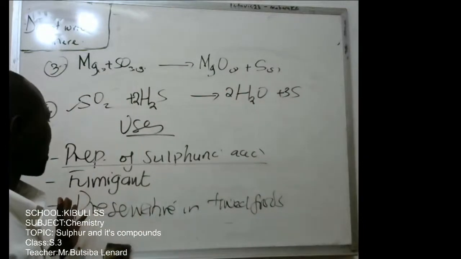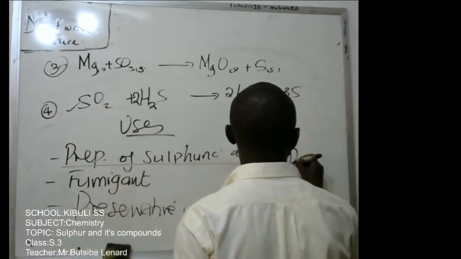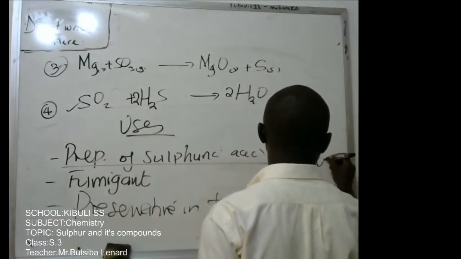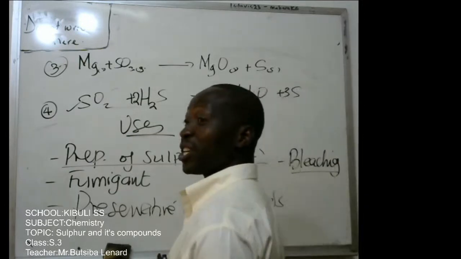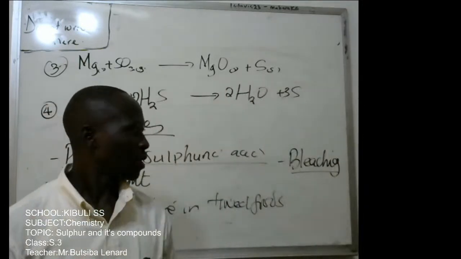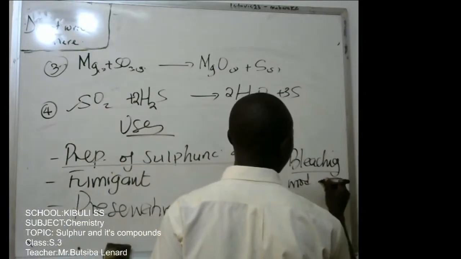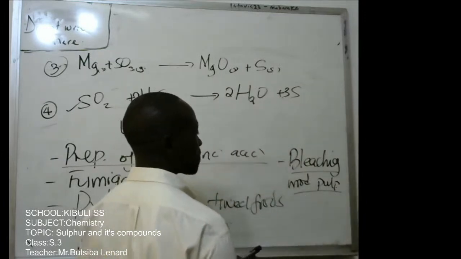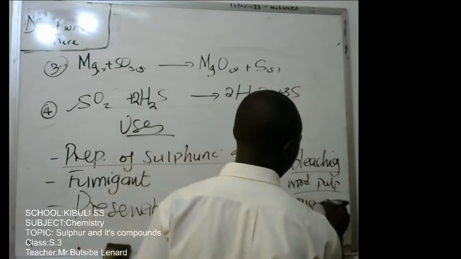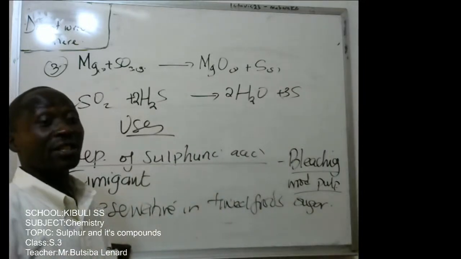That is sulfur dioxide. Sulfur dioxide is a bleaching agent. It bleaches wood pulp. It bleaches sugar from brown to white. So it's a bleaching agent.